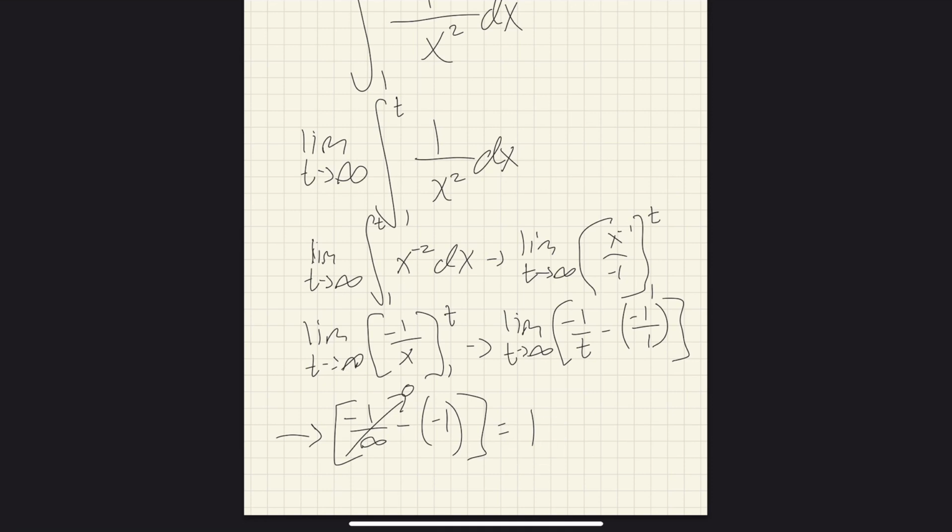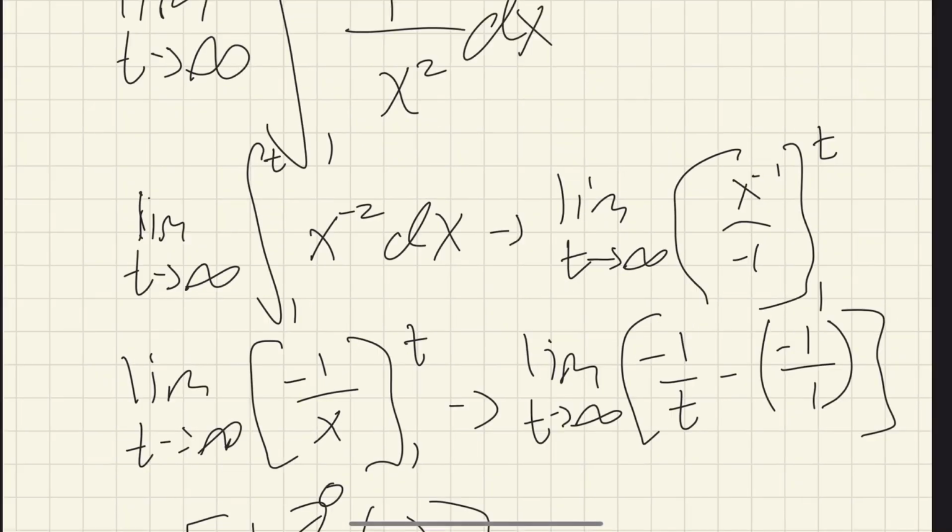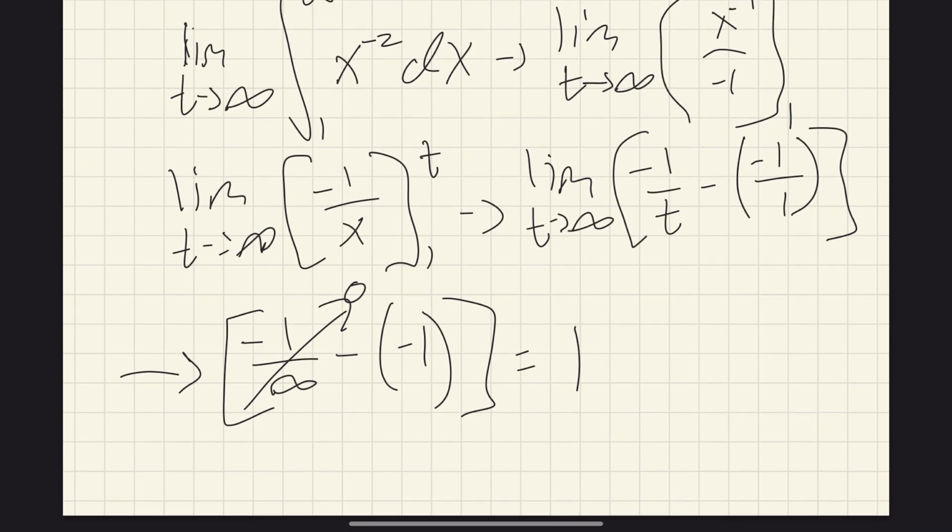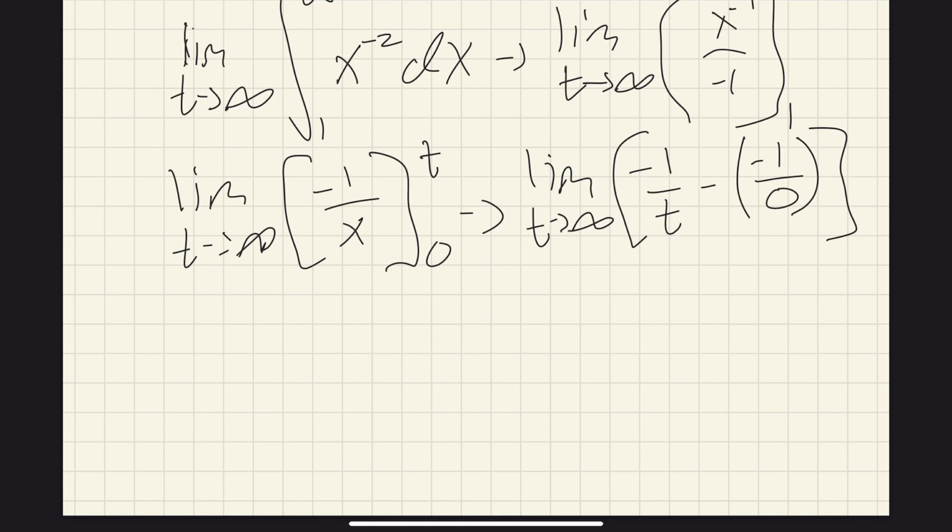Now, what would have happened if it were 0 instead? So, for example, what if this was 0? Well, then we would have had a 0 here. And look what that does. Remember how I said before that if we did starting from 0, it would have been divergent, meaning we wouldn't get a numerical answer.